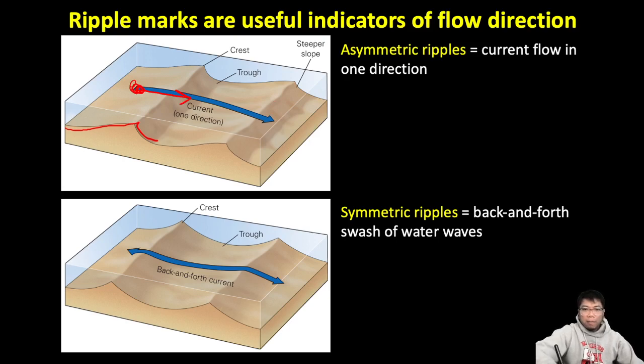Whenever you have symmetric ripples, that indicates some back and forth swash of water waves. Instead of going in one direction, the water goes back and forth. That's the importance of understanding ripples: we can figure out the directions of the current at the time these bed forms were formed.